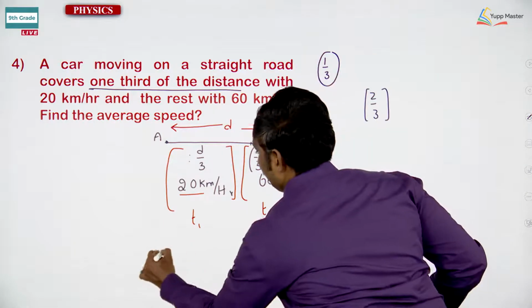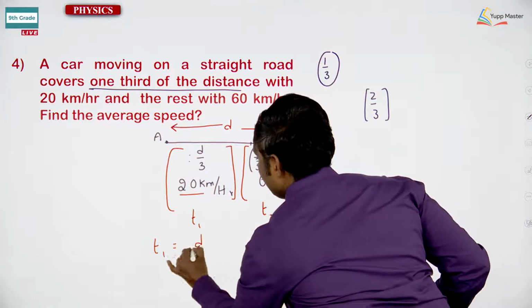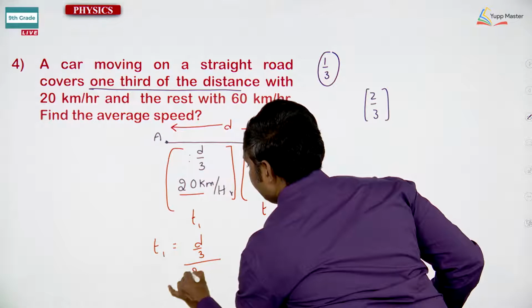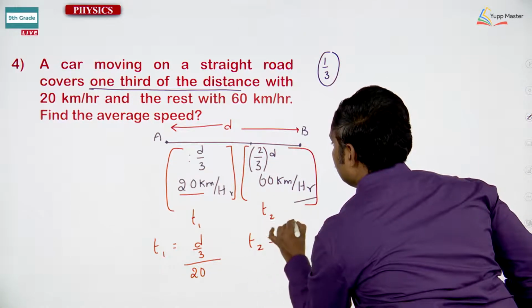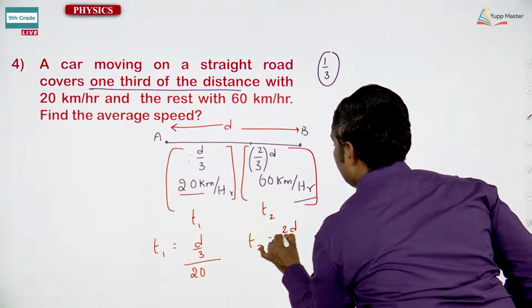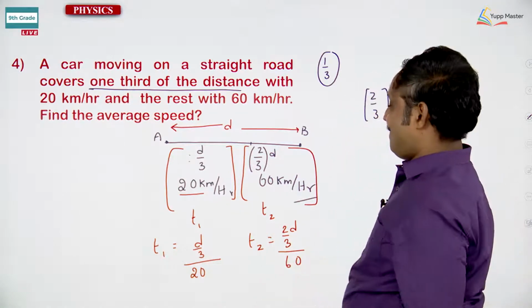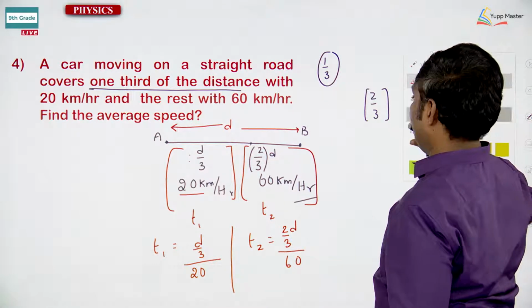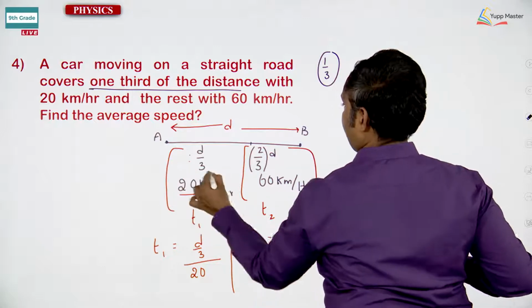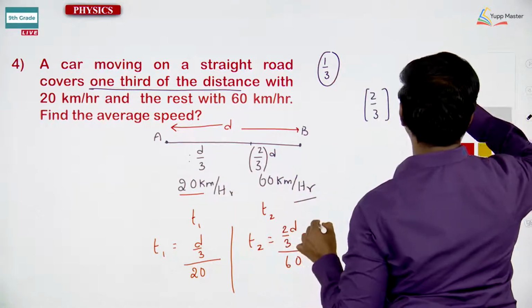Therefore, T1 is equal to d by 3 whole by 20, and T2 is equal to 2d by 3 whole upon 60. We are going to split into two parts.